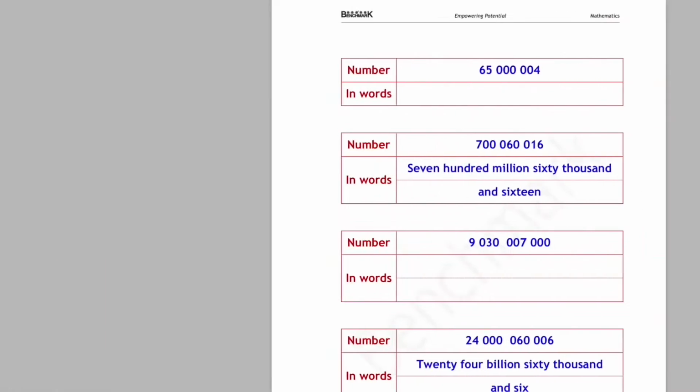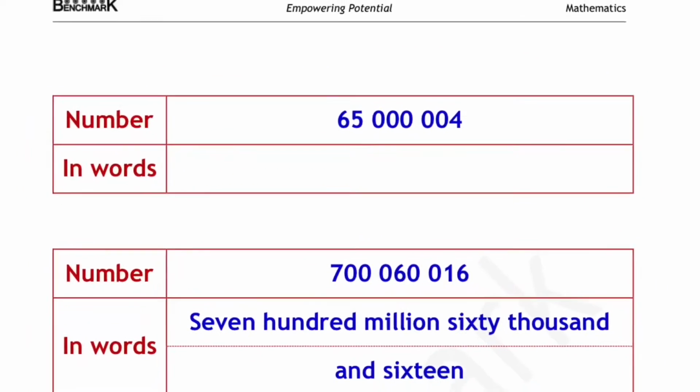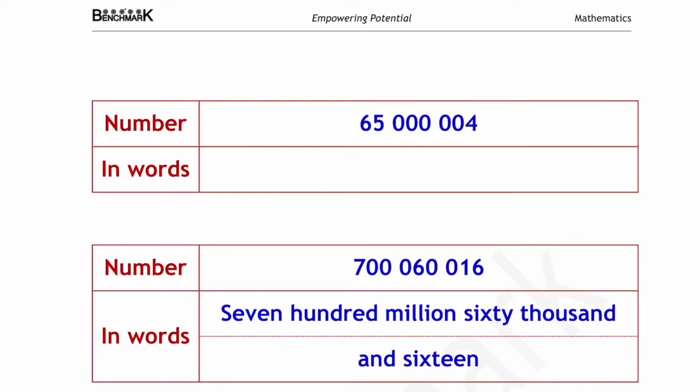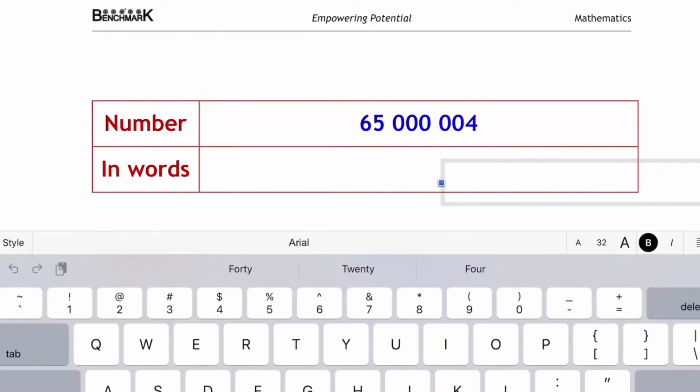Fine. Let's go to the next page. Now I don't want to draw lines. You can identify the last 3 digits and then the next set of digits, and then I find 65 as my first set of digits. So once you separate groups of 3 digits, the remaining number of digits is the number of digits that you need to name first.